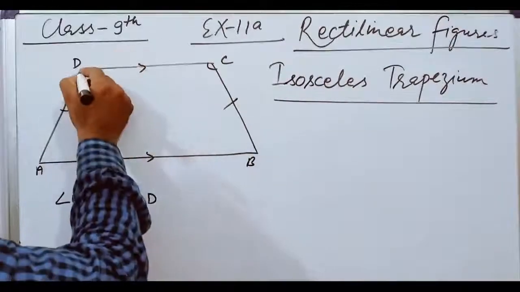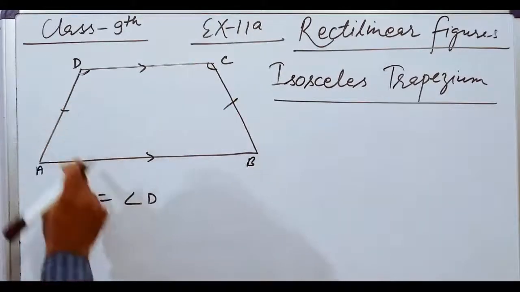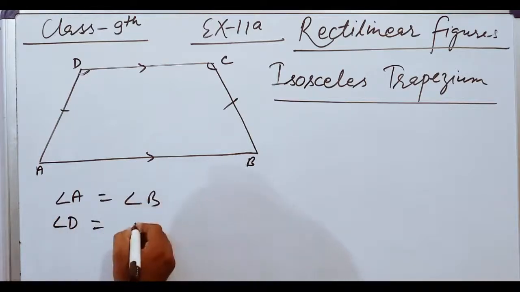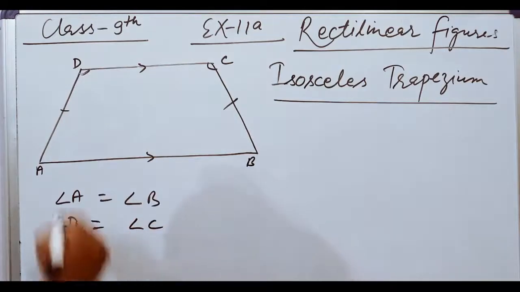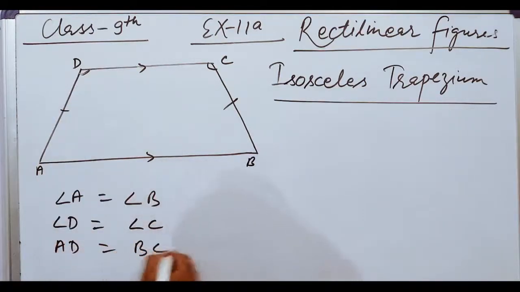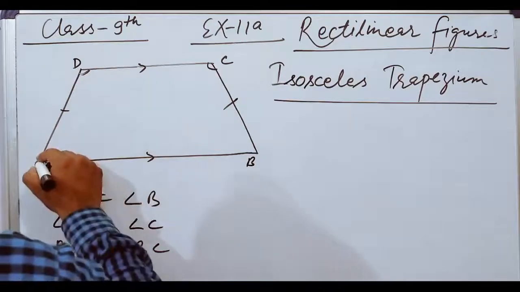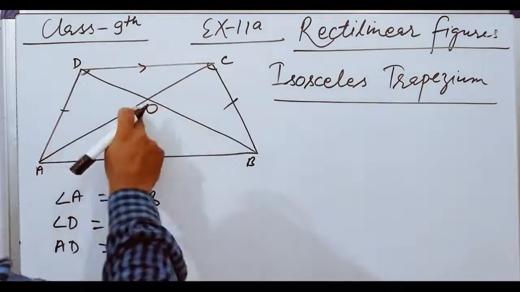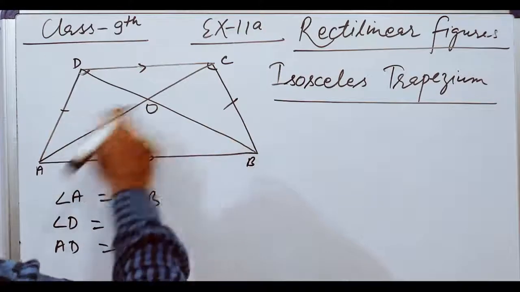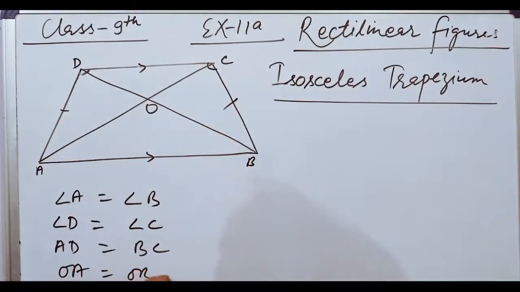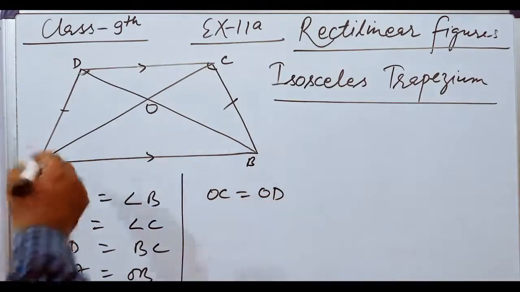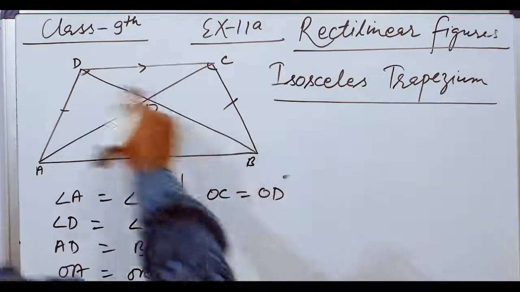In an isosceles trapezium, angle C equals angle D, and angle A equals angle B. AD equals BC. OA equals OB, and OC equals OD. Keep this in your mind.